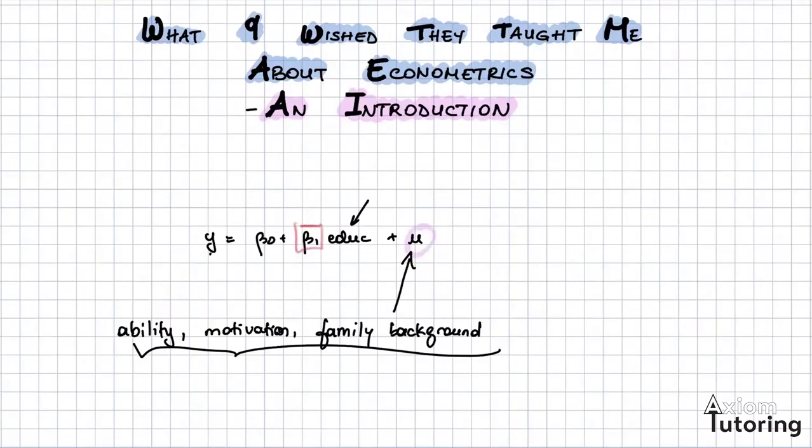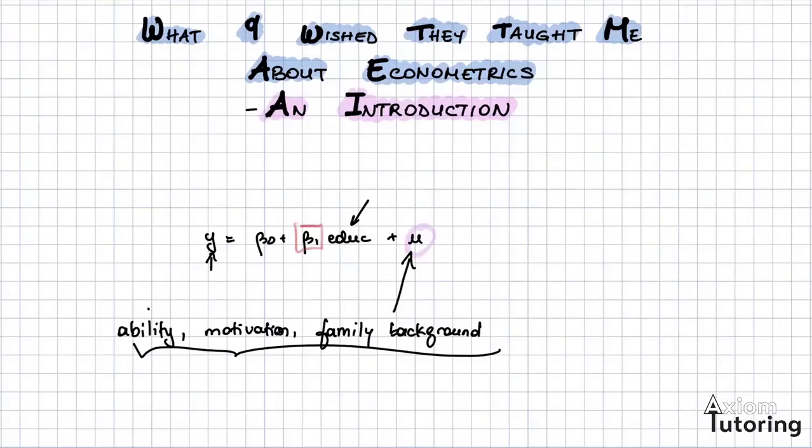However, look also at the fact that some of these variables, or all of them, can be correlated with the actual variable of education. So any of these variables can be driving the results that we're seeing, but they could also be driving the results in an unpredicted way. Think, for instance, of ability.